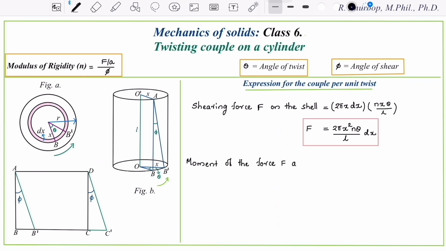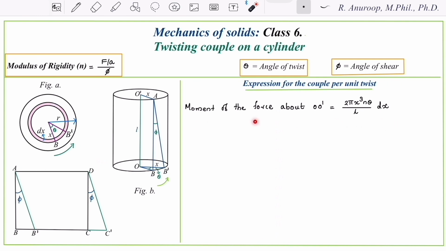Therefore the moment of the force about O dash is F times x, that is 2 pi x square N theta by L dx into x, and that is equal to 2 pi x cube N theta by L dx. This is the moment of the force F about O dash.